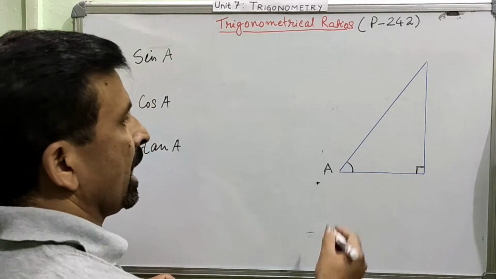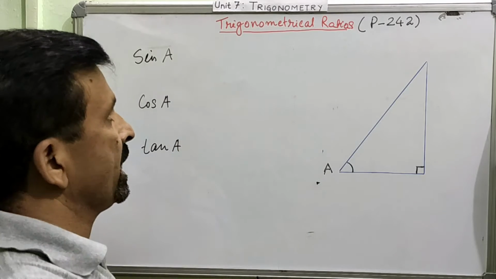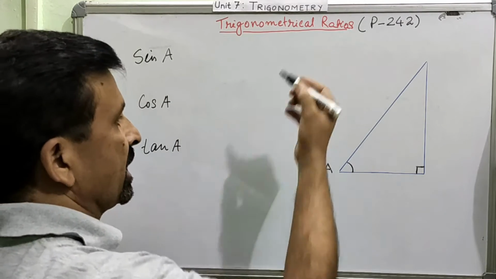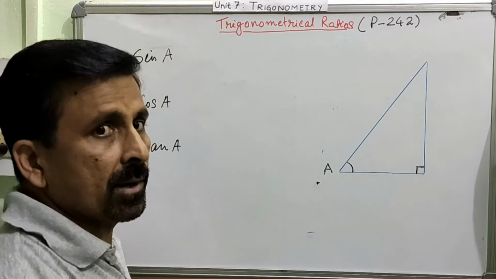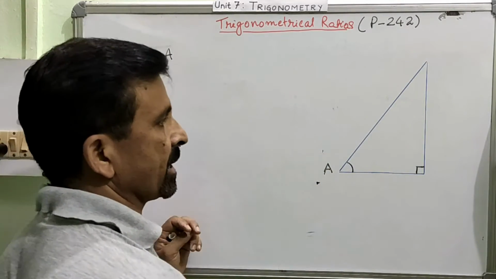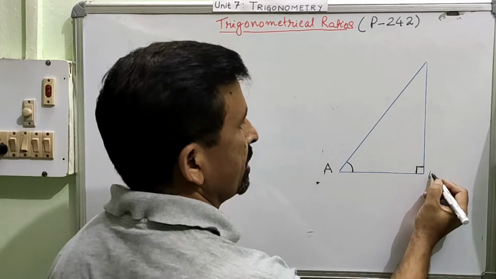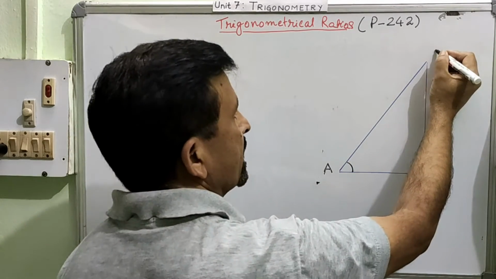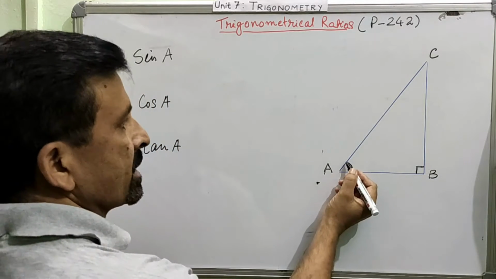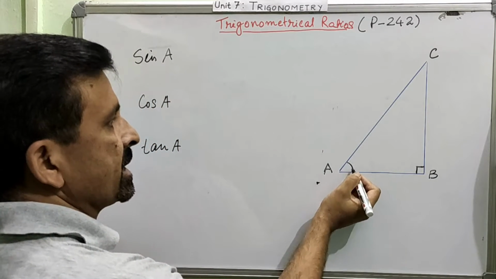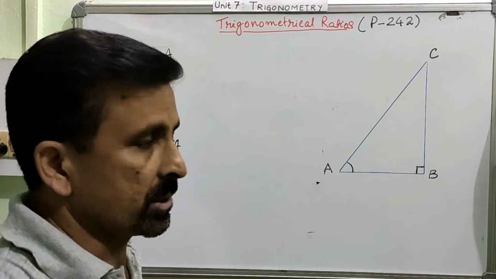Is this okay? Now, in order to explain the trigonometrical ratios, we will be comfortable if we have names of all the three vertices. So the name of this vertex we have taken as A, then we can name this B, and this we can take as C. Am I clear? Because I have already marked the angle here, that means this angle is going to be taken into account.